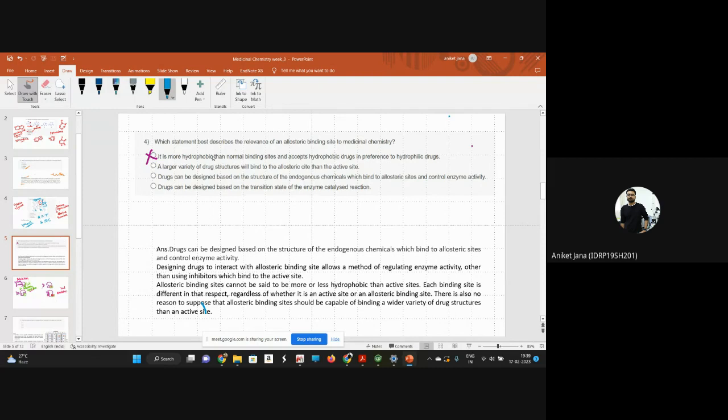The first one, I got an answer from somebody that it is not true. Okay. The second one: a larger variety of drug structures will bind to the allosteric site than the active site. Is this true or false? It is false.